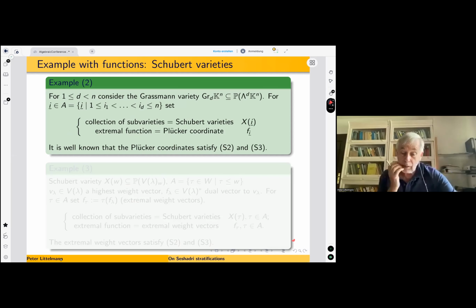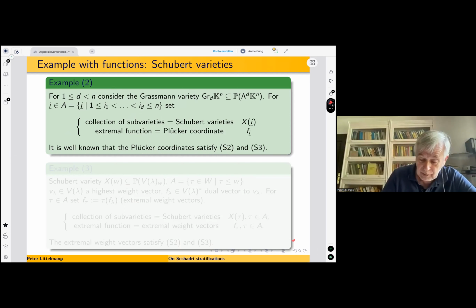So next, another example. Let's go back to the Grassmann variety. We have taken as collection of subvarieties the Schubert varieties, and as I said, the indexing set is the strictly increasing sequences between 1 and n of length d. This is also an indexing set for the canonical basis of the wedge power, and hence also of its dual basis, which are the Plücker coordinates.